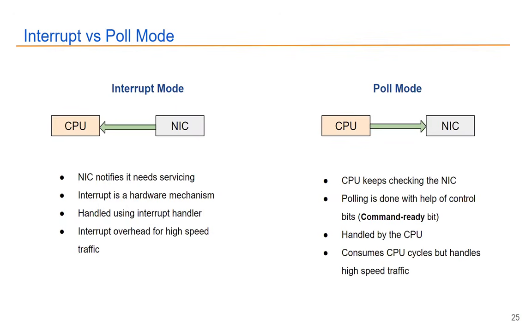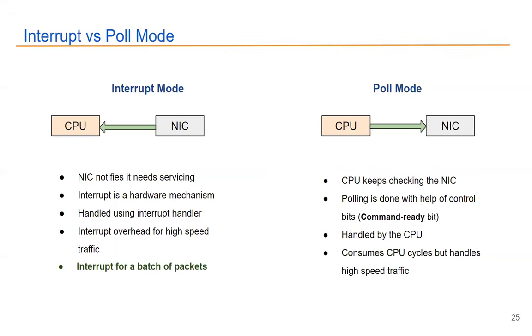One mode that they operate on is the interrupt mode, where the NIC notifies the CPU that it has packets to be serviced. It does this by generating an interrupt, which is a hardware mechanism. Interrupt, as in the case of the kernel, has overheads, and it is reduced by generating a single interrupt for a batch of packets.